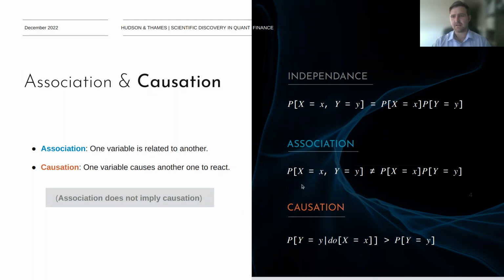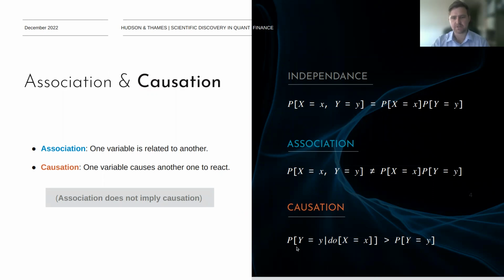Now, in mathematical notation, we usually have conditional probabilities and conditional distributions. If you look at this causation equation here, just imagine this do operator is not here; I'll talk about that in a second.